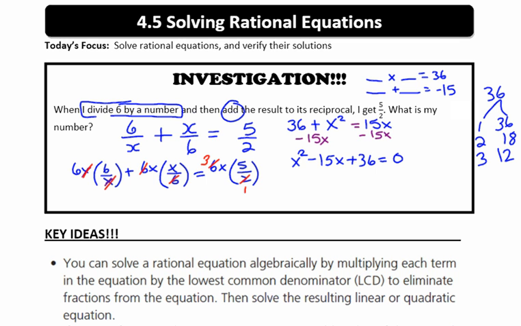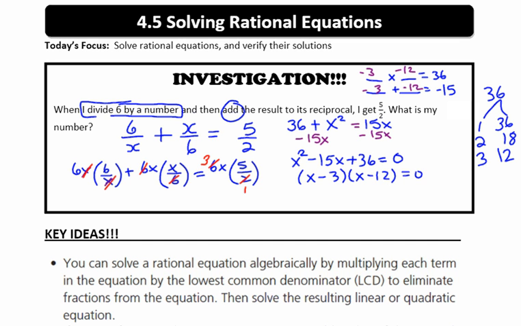Does that give it to us? Yeah? What do we know about the signs of 3 and 12? We're adding to a negative 15 and multiplying to a positive. Both negative. Okay, so we get x minus 3 and x minus 12.